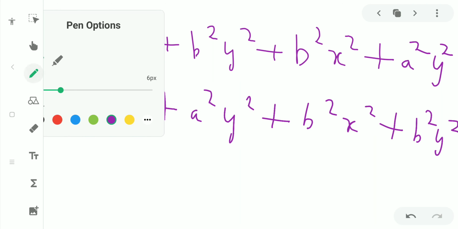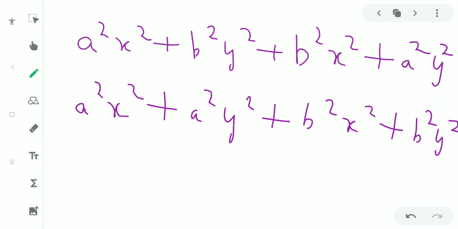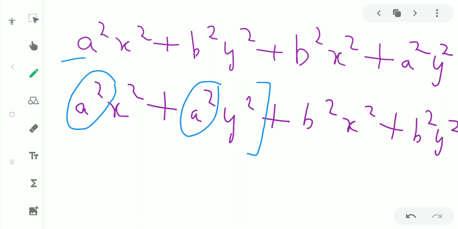So now here you can see I can take a square common from this expression in the brackets, so the remaining is x square plus y square.